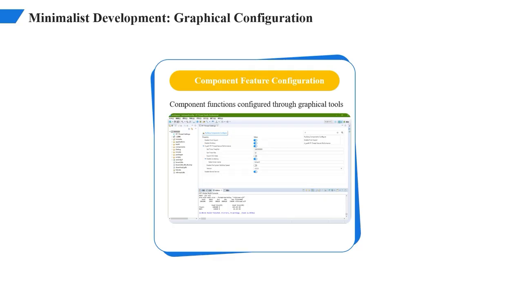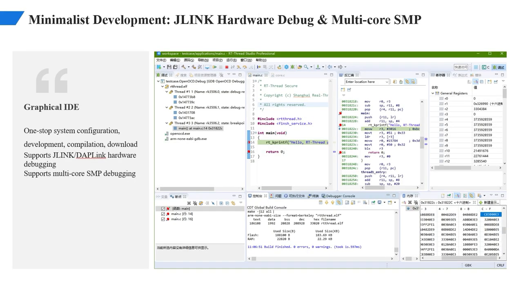You simply select the components you need, configure their parameters through the dialog box, and the system generates the initialization code automatically. And this dramatically reduces the learning curve and eliminates the entire class of configuration errors.